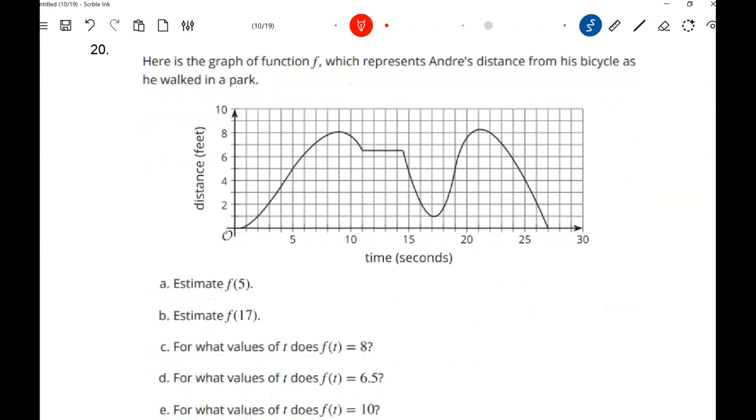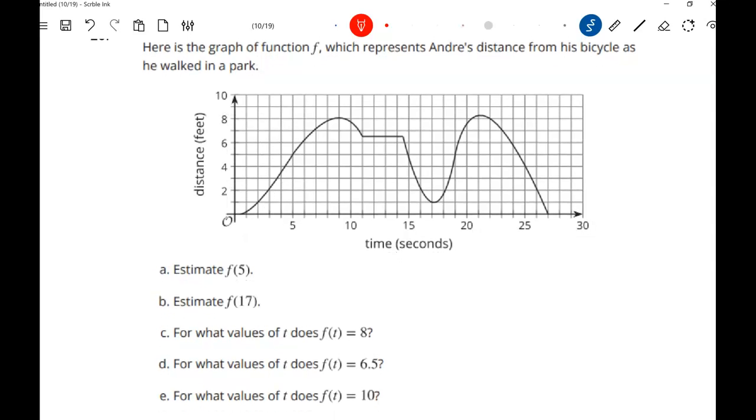Number 20, we're going to read the graph to decide all of these estimates. Remember, f of t, the f represents the distance and the t represents the time. So this is asking us what's the distance in 5 seconds. So here's 5 seconds.